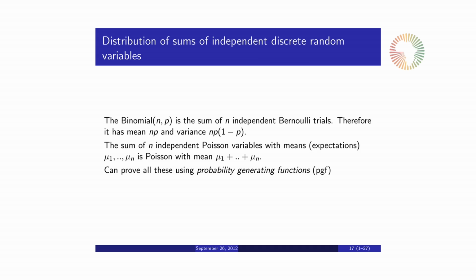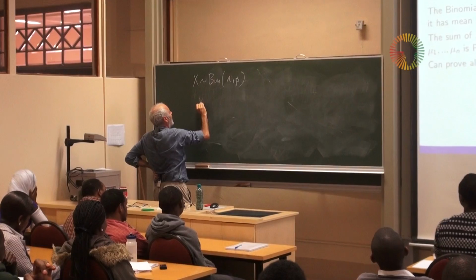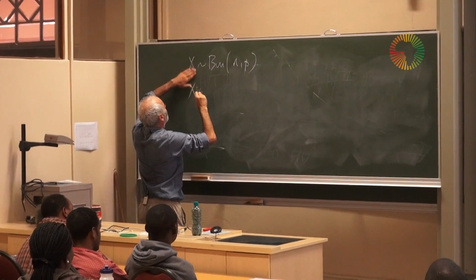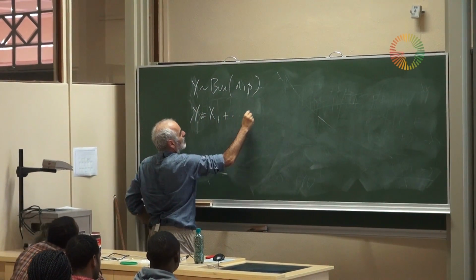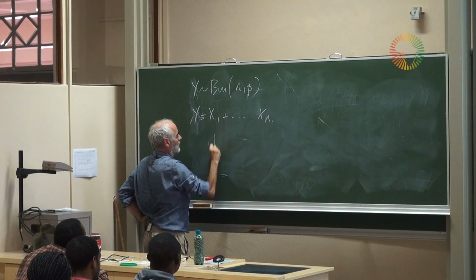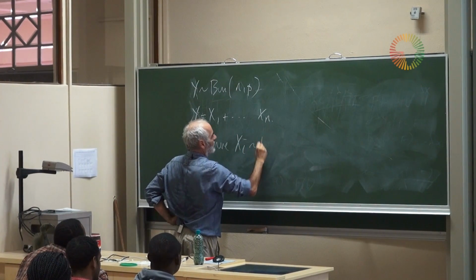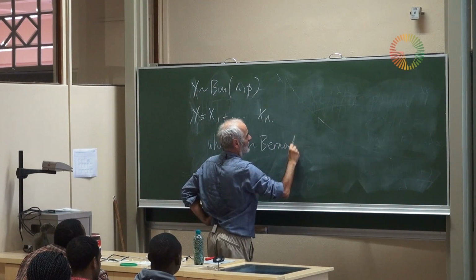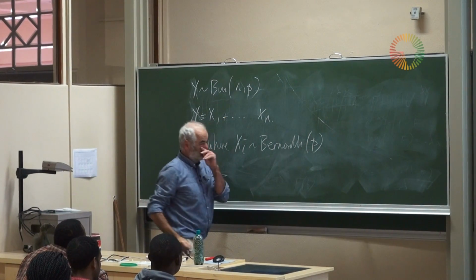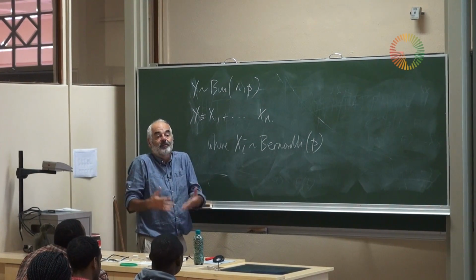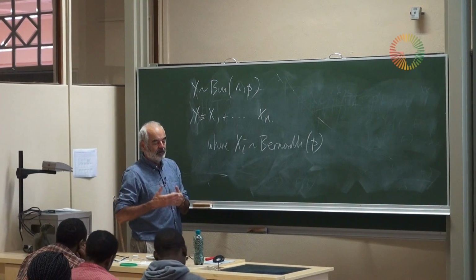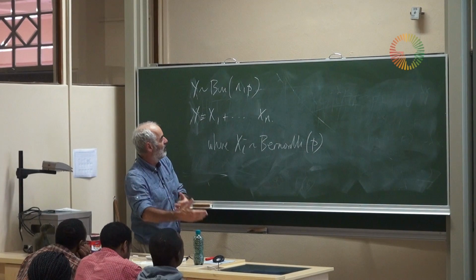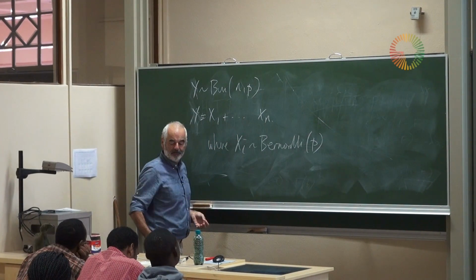If x is binomial(n, p), we can think of x, no, let's call that y, as being x1 plus ... plus xn, where each xi is a Bernoulli with probability p. So binomial is just how many successes there are, and so we can think of that as if we did the experiments one at a time and just added up the number of successes.